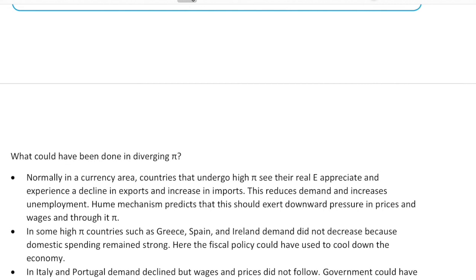You start by becoming uncompetitive, right? Because you have local inflation, your prices rise too much. Now nobody wants to buy your products because your products are too expensive, and even though your exchange rate is fixed, the real exchange rate appreciates.